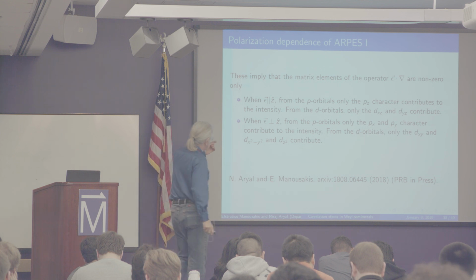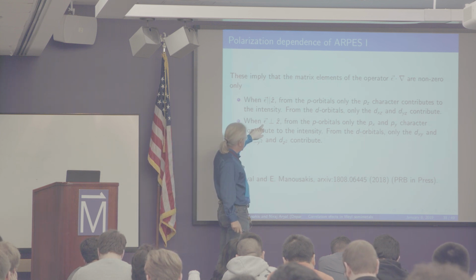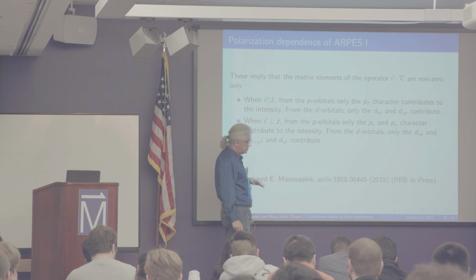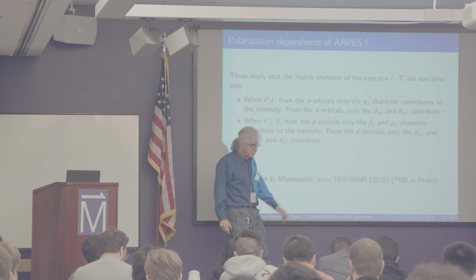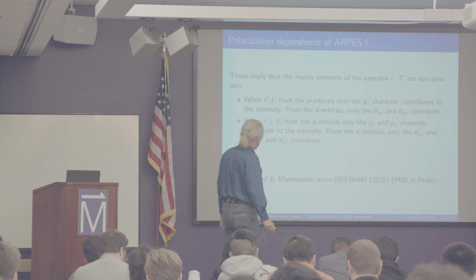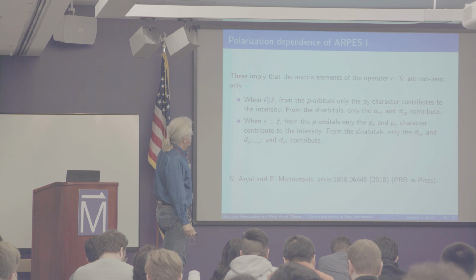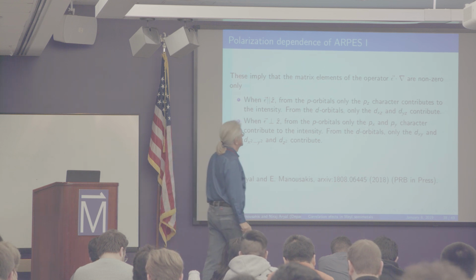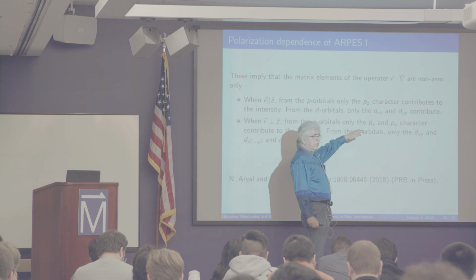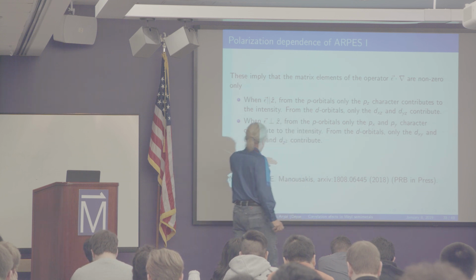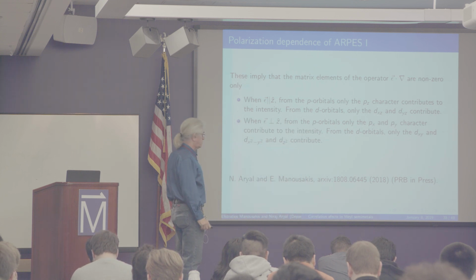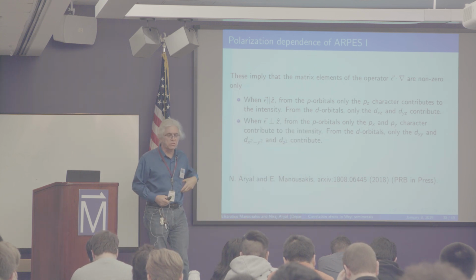And when the light that comes in has a polarization parallel to the surface, the xy plane, then you have the px and py orbitals contributing, and the dx squared minus y squared and z squared orbitals. The other orbitals don't contribute.